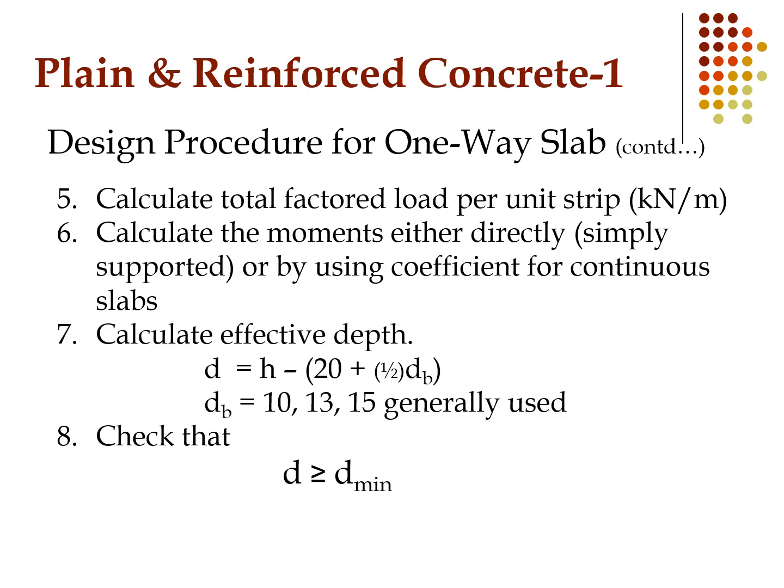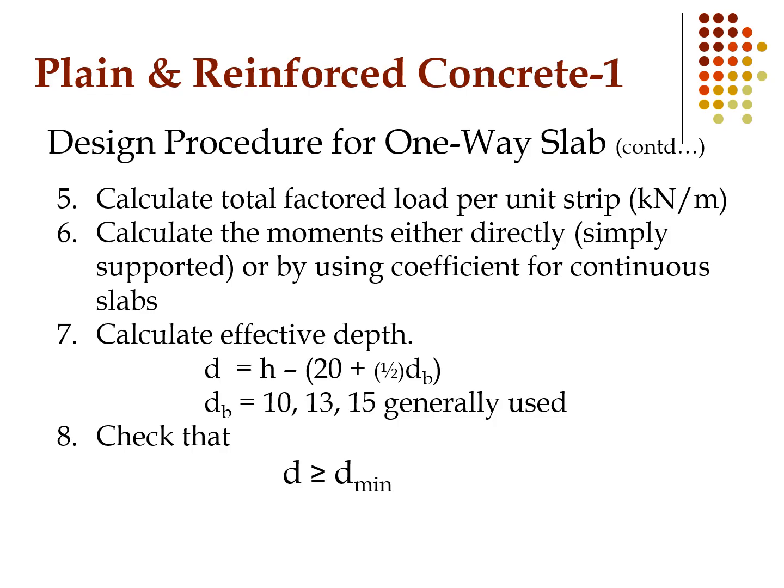Then we calculate the effective depth, meaning we need to deduct from the total slab thickness the clear cover as well as half of the diameter of the bar we use. In case of slab, we normally prefer to use 10 millimeter or 13 millimeter bars.